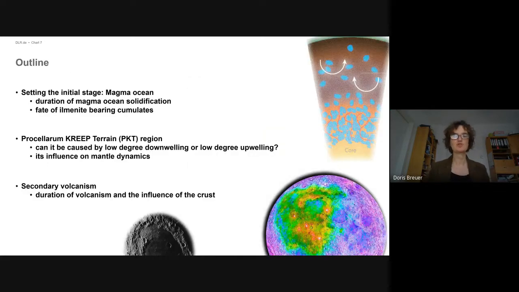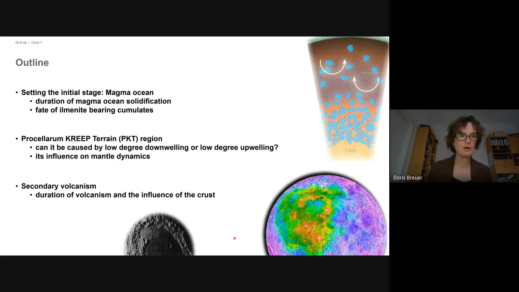So what I'm going to present in this presentation is, I first want to talk about the magma ocean, which basically sets the initial stage of the planetary evolution. I will talk about the magma ocean solidification, the timeline of that, and the fate of the ilmenite-bearing cumulates. That is related to the titanium. I haven't mentioned that, but it's important. Depending on where the ilmenite is in the mantle, that will also influence the volcanism.